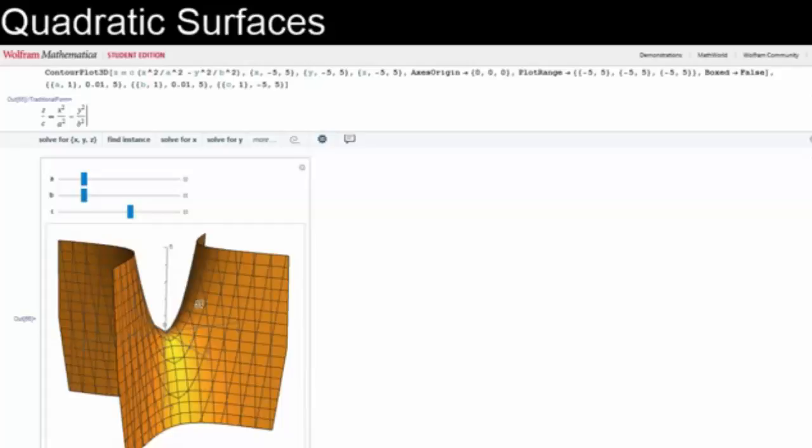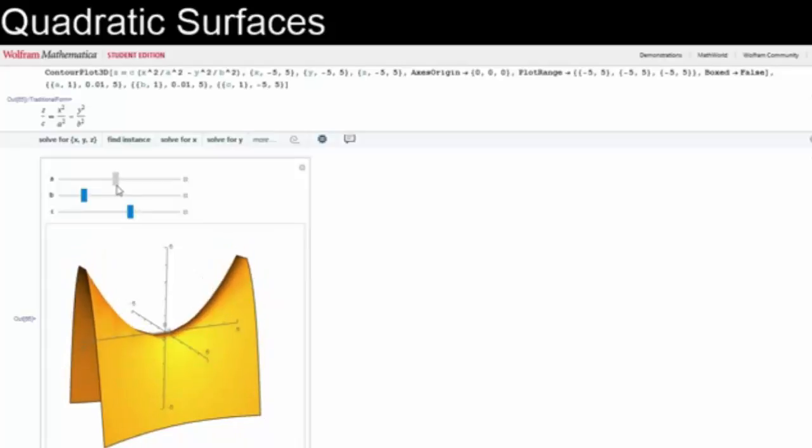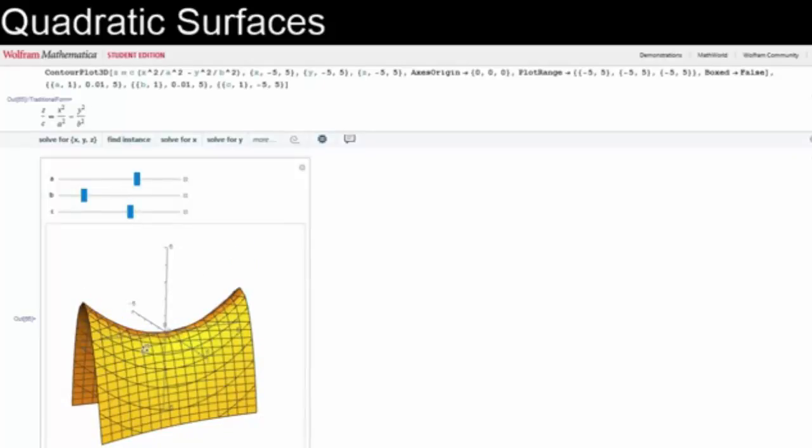So here's the upward opening one in the xz plane. If we increase a, we can see it's flattening out a bit, right? The parabola is becoming a lot wider.